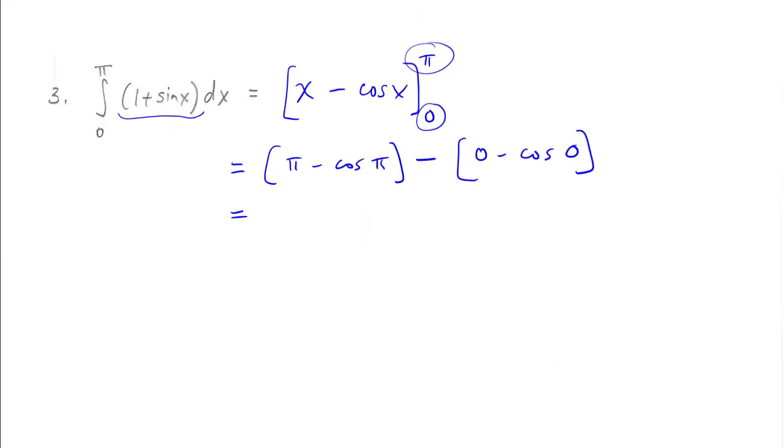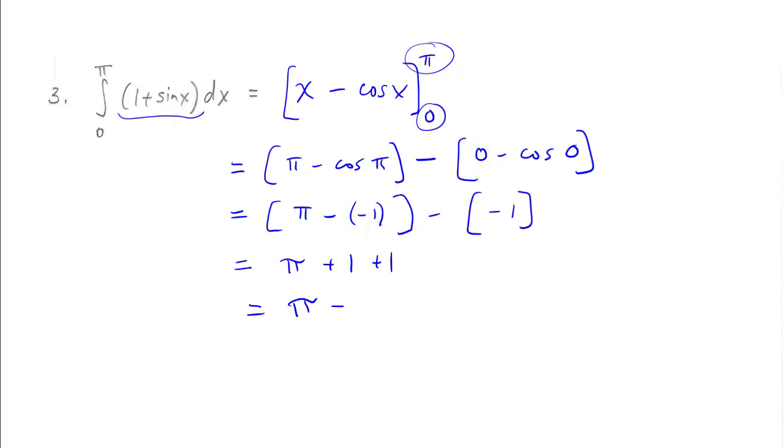All right, well, this is pi minus cosine of pi, and cosine of pi is -1, minus, and I get 0 minus cosine of 0, which is 1, so I get a -1 in there. I get pi plus 1 plus 1. I get pi plus 2. There's your answer.